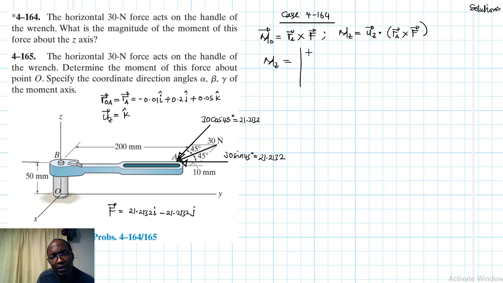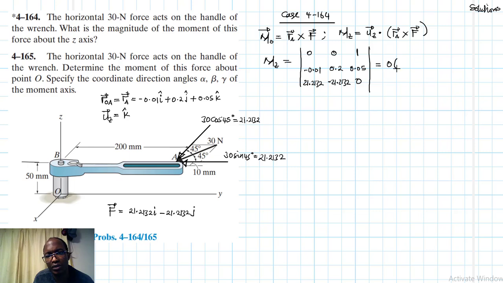So if we were to plug this in, we have u, which is just equal to 0, 0, 1, and then we have RA. It is minus 0.01, and then 0.2, and then 0.05, right? And then we have F. F is just 21.2132, then a minus 21.2132, then a 0.